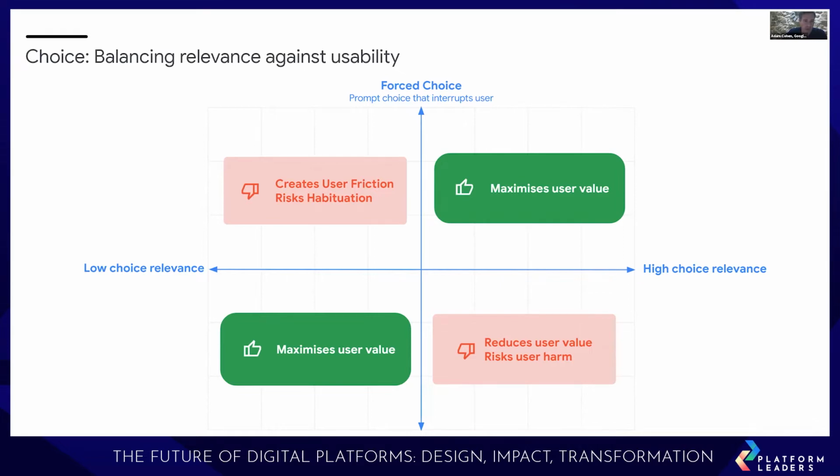Our general view is that where you have forced choices that aren't very relevant, it is a turnoff to the user. Where you have forced choices that are helpful, it increases value. So I can think of the green boxes. You can think of some examples like a seatbelt warning in a car. That's a successful forced choice from our perspective. We go to the next slide, please.